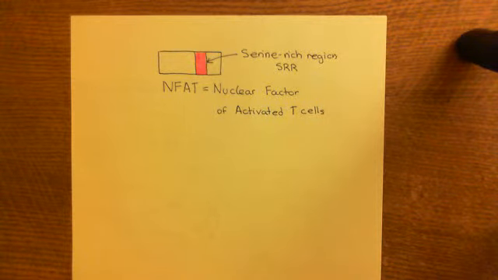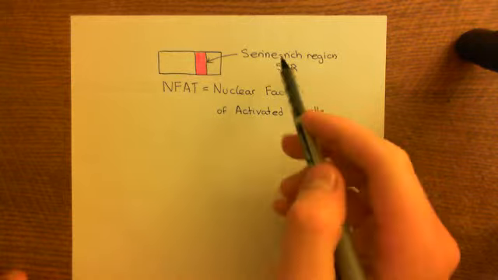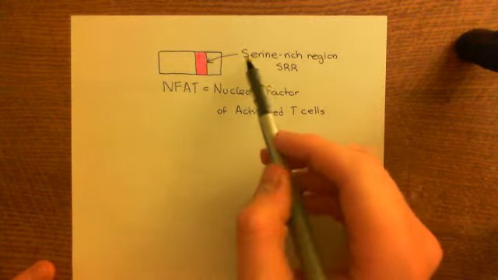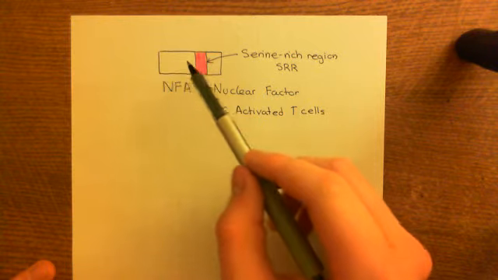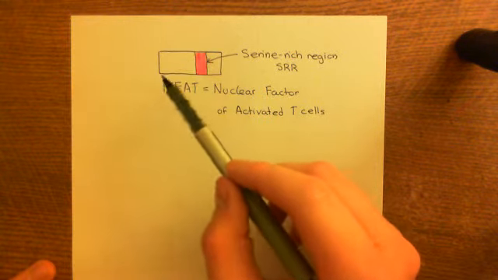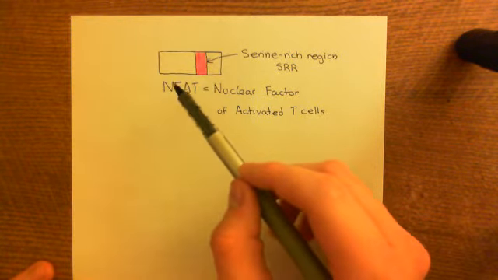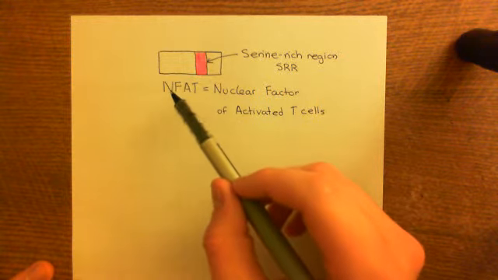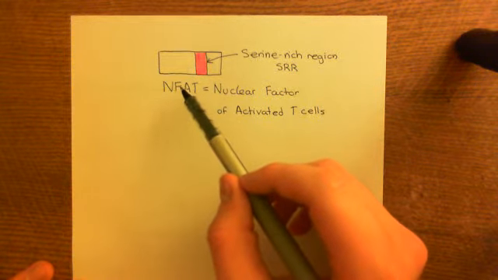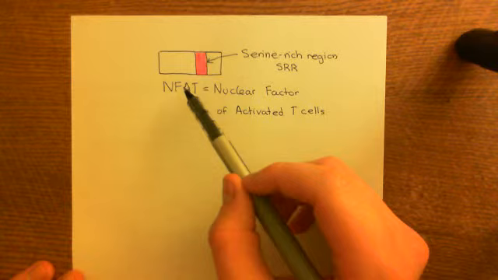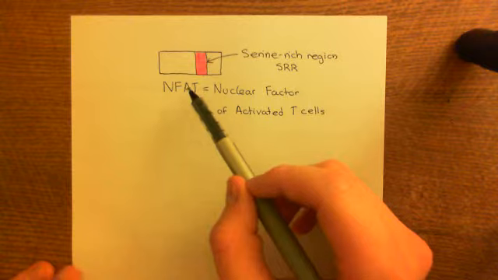So if you remove the phosphate groups from this serine-rich region, then the NFAT can suddenly move from the cytoplasm into the nucleus of the cell. And then once it's in the nucleus, it can act as a transcription factor, i.e. it can bind to the promoter regions upstream of genes and increase the transcription of those genes.